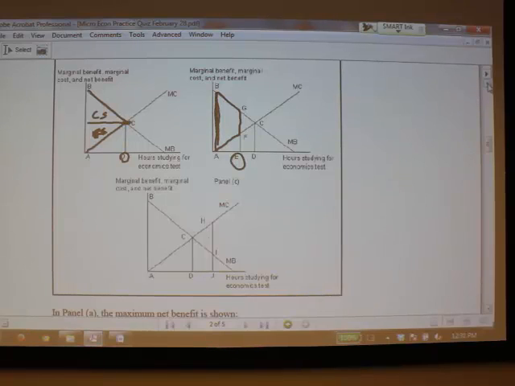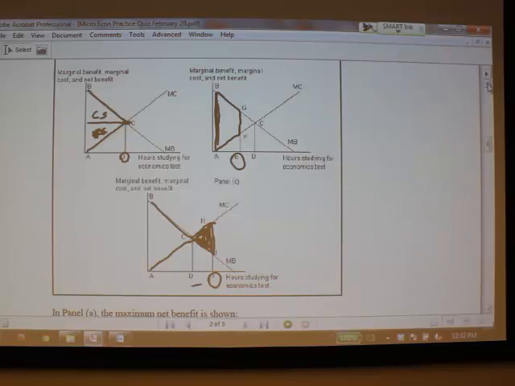What about a larger quantity like J? Well, there, we have these net benefits, but then we have to subtract from that this here, because this is a negative. Here you have benefits lower than the cost, right?